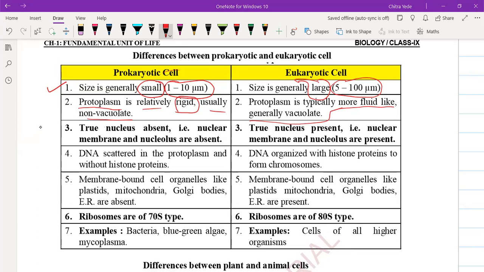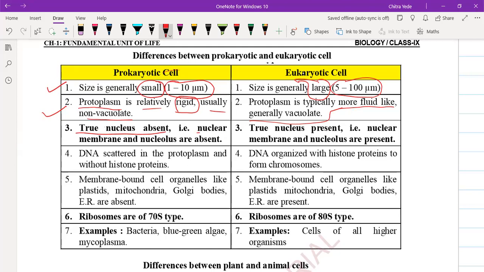Next two points, Harini. True nucleus absent. Nuclear membrane and nucleolus are absent. True nucleus present. Nuclear membrane and nucleolus are present. True nucleus means the well-defined nucleus is absent in prokaryotic cell, that's why they are prokaryote.